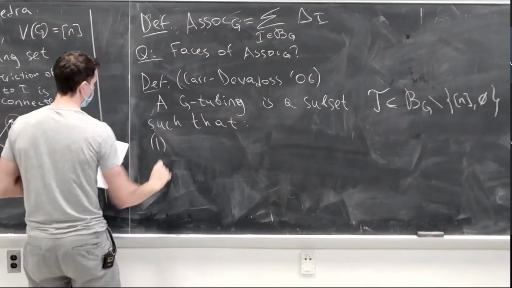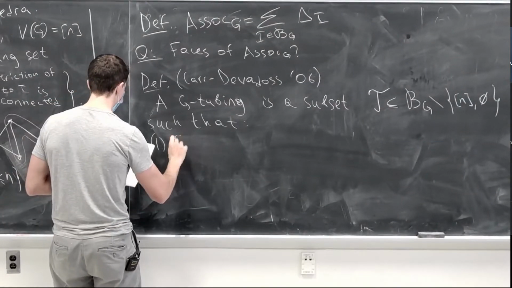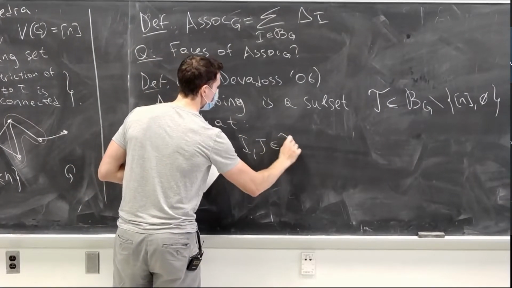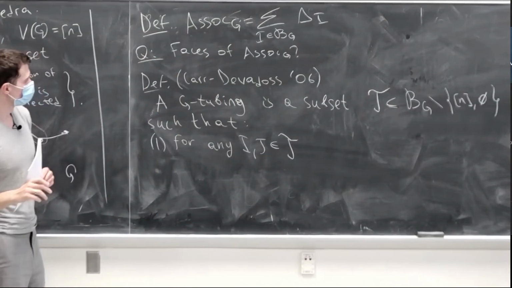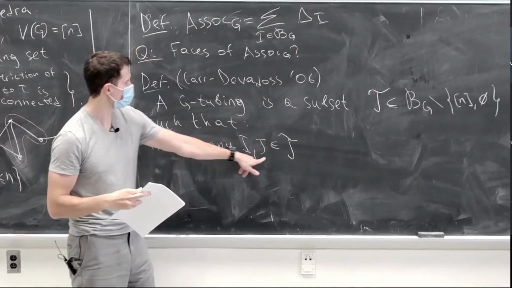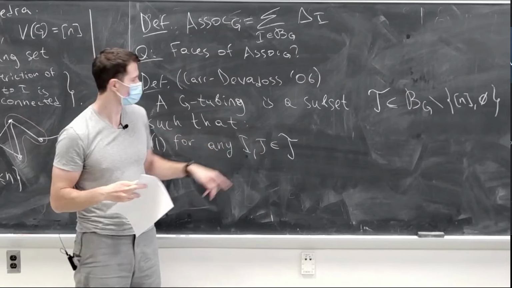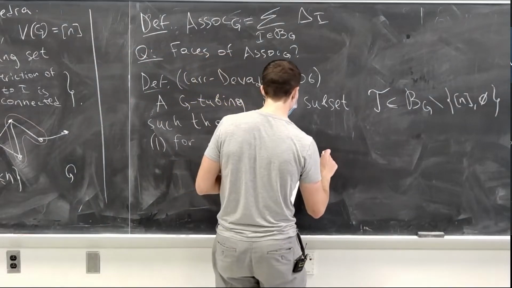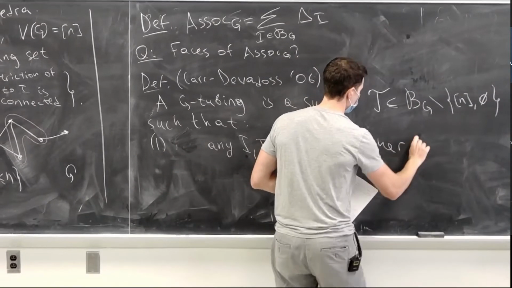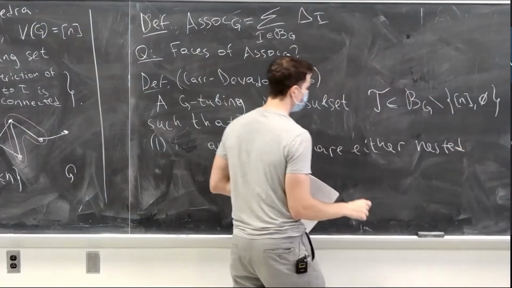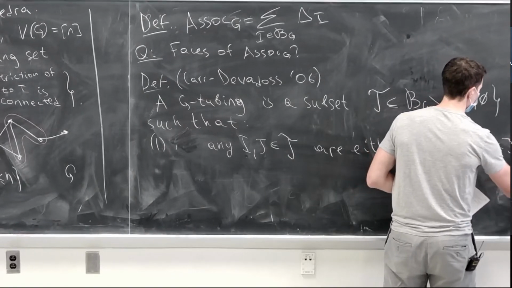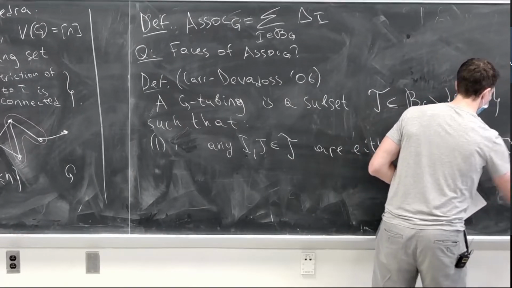Then a tubing is a subset like this, such that the following two conditions are satisfied. First of all, for any two sets in my tubing, each of them is a connected subgraph, and the claim is that any two sets should be either nested, and nested means one is contained inside the other, I subset J or J subset I, or disjoint.